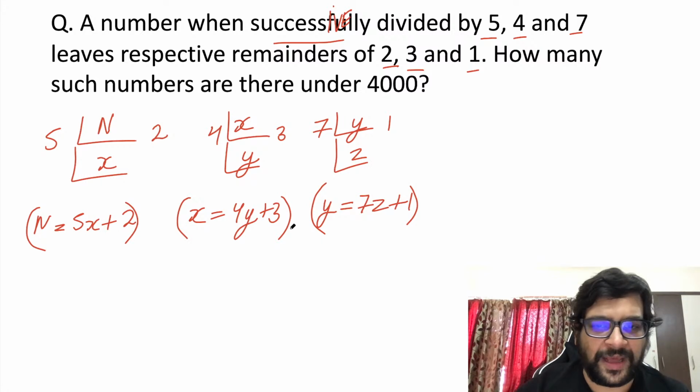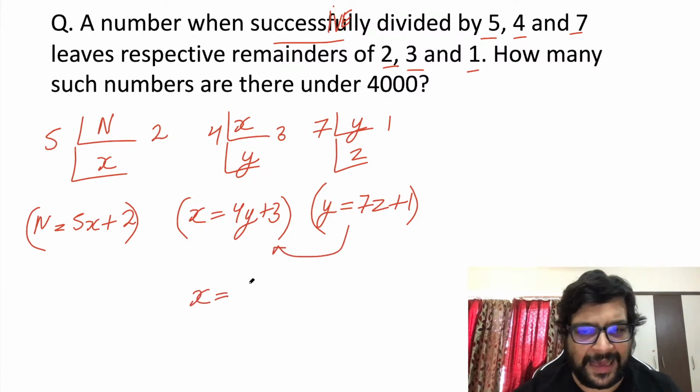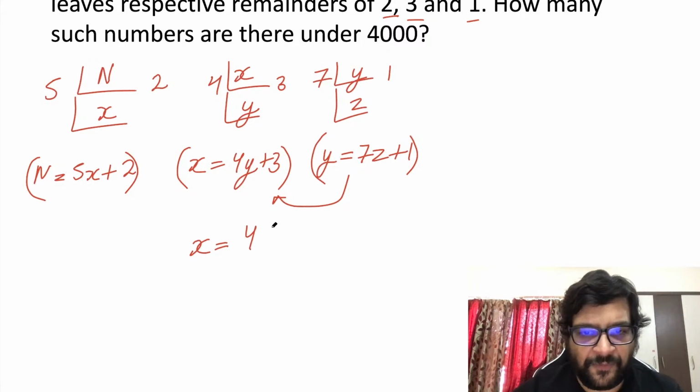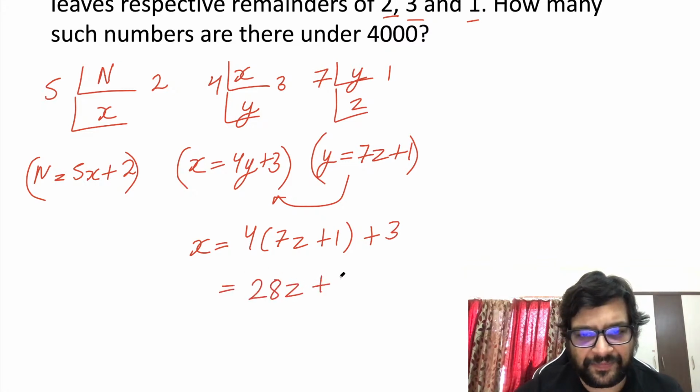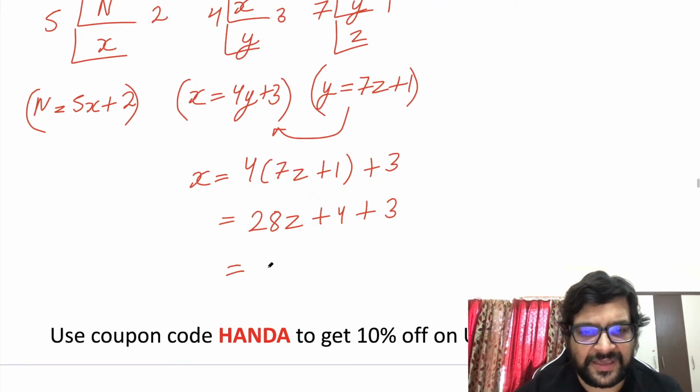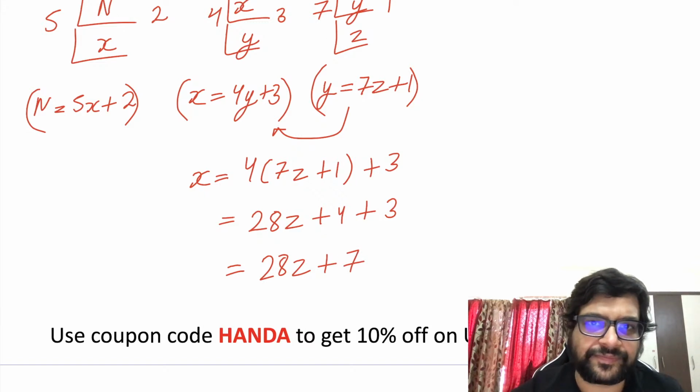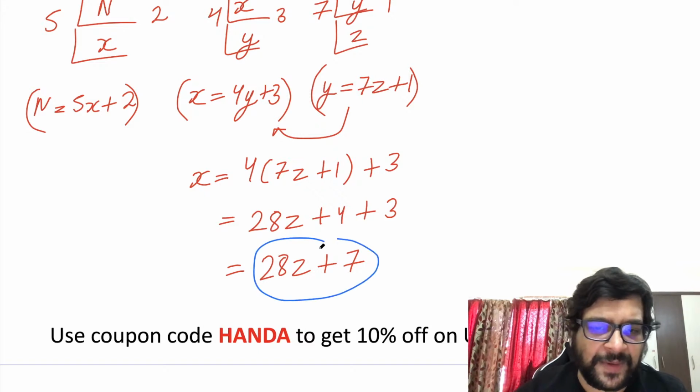Now, what I can do is I can put this here. So I will get the value of x as 4 times 7z plus 1, plus 3, which is 28z plus 4 plus 3, which is 28z plus 7. Now, I put this value of x here.